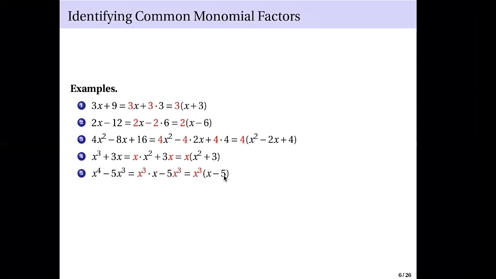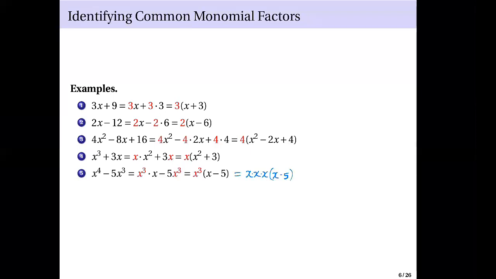You might ask me, can we separate that x cubed, or can we write that as x times x times x times x minus 5? Yes, you can, but in this case, we apply laws of exponents.